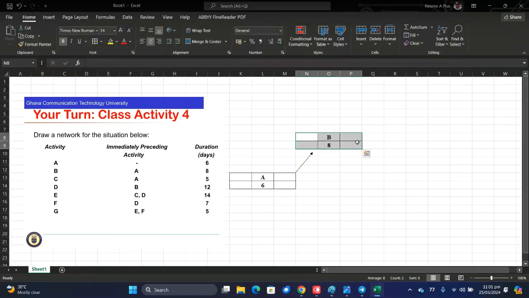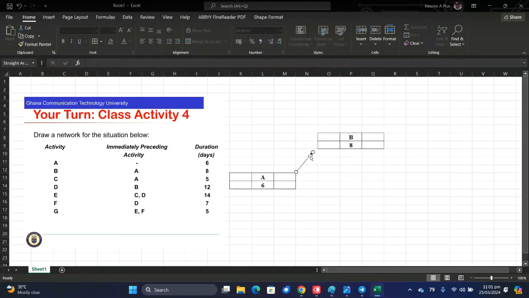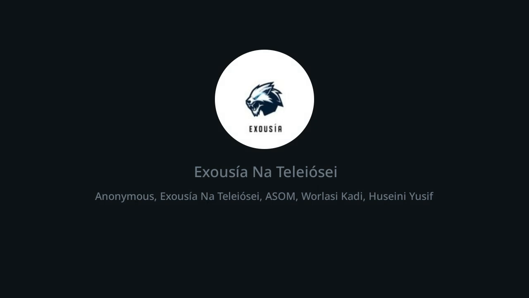Let's assume it is 7. Yes, it moves from here to here. And let me just draw another one from here.